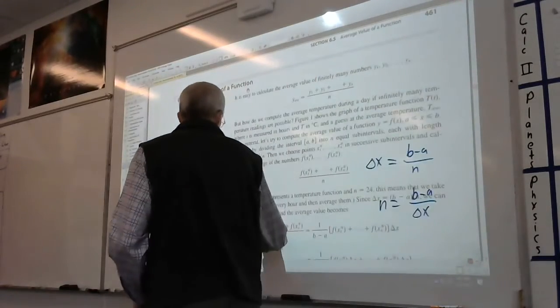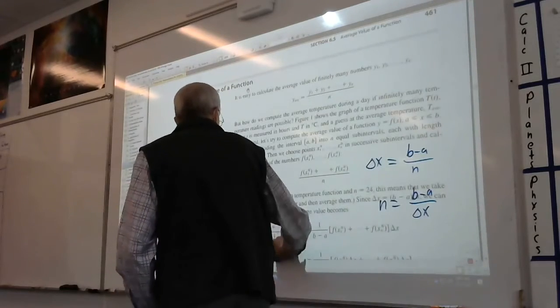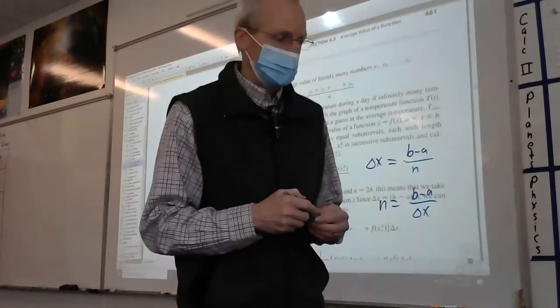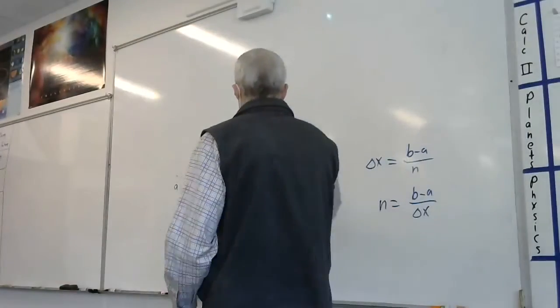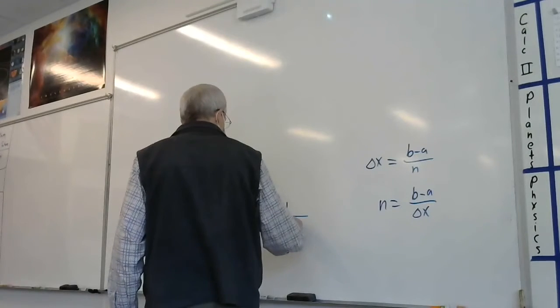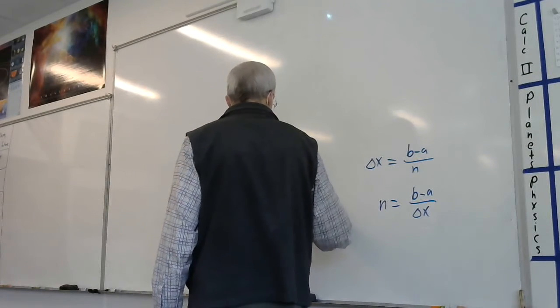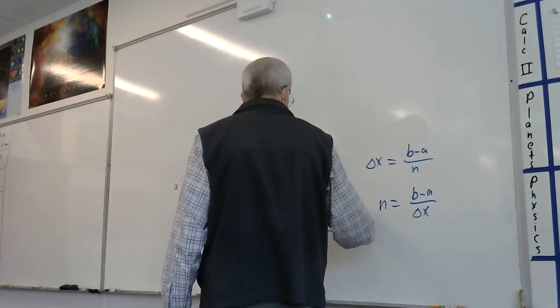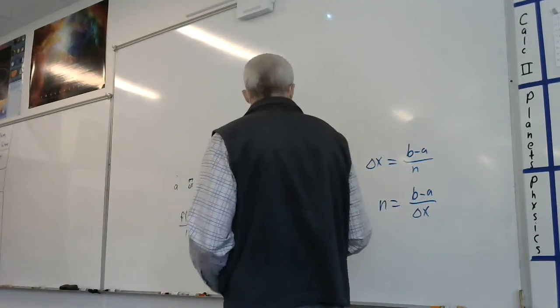I'm just going to turn off this background because we don't need the book. So this 1 over n becomes 1 over b minus a divided by delta x, times the sum of f of x sub i from i equals 1 to n.